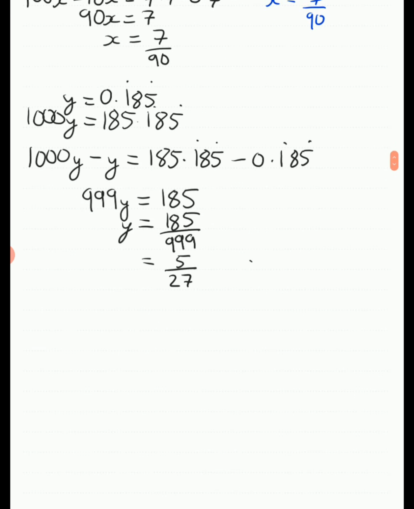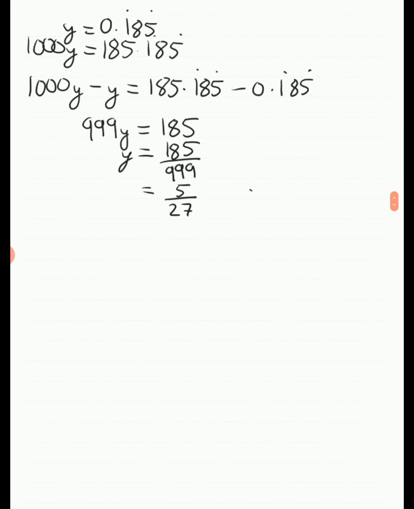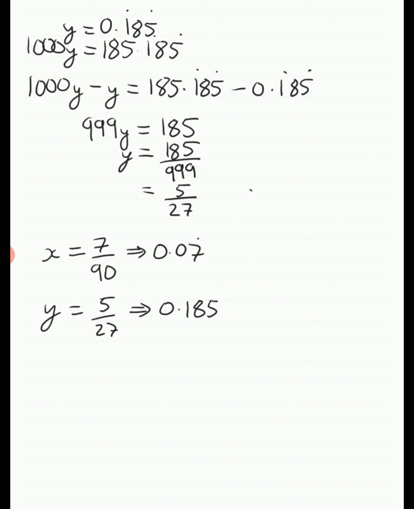Our main values, I'm just going to rewrite them. So we have x was equal to 7/90, and this was the same as our 0.07 recurring. And our y was 5/27, which was the same as our 0.185 recurring.